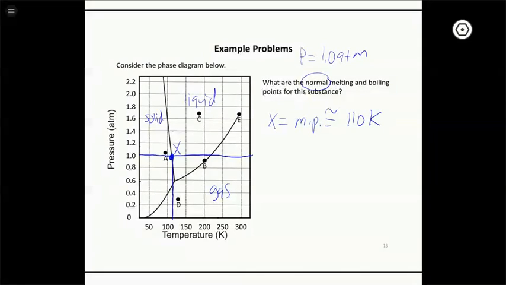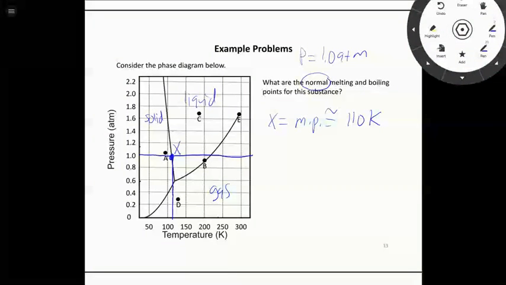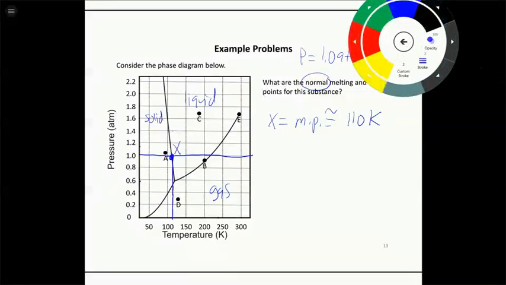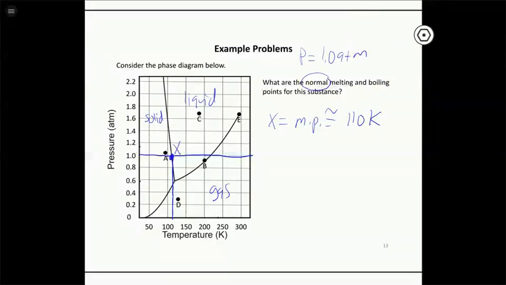And then for the boiling point, which I'll do in a different color just to keep them distinct, we want to find where the liquid-gas line occurs. So that's going to be right here. We stay at the same pressure, 1 atmosphere, find where it crosses the liquid-gas line, and go down to the x-axis to find what temperature that corresponds to.